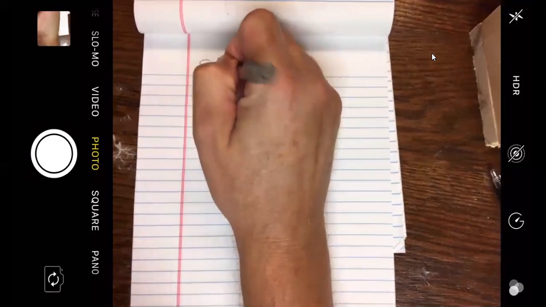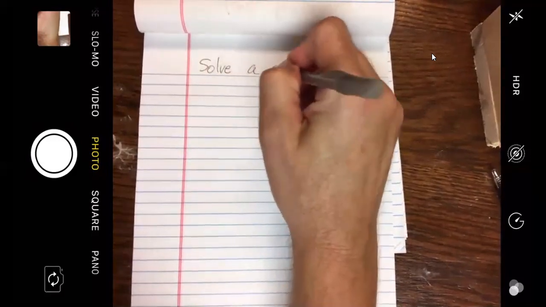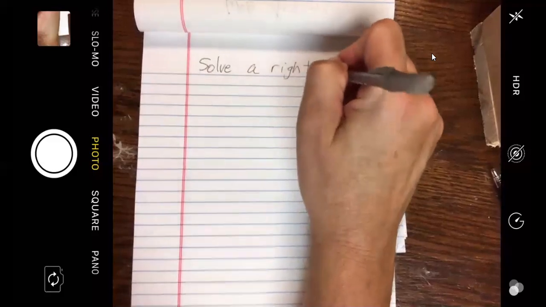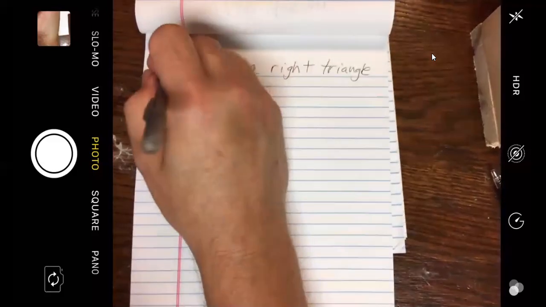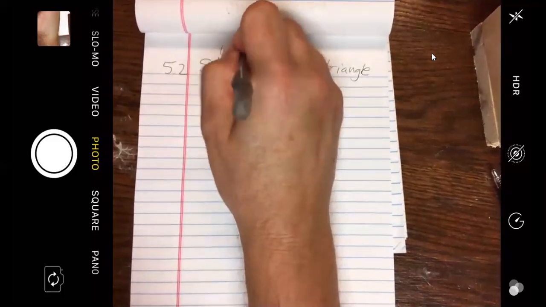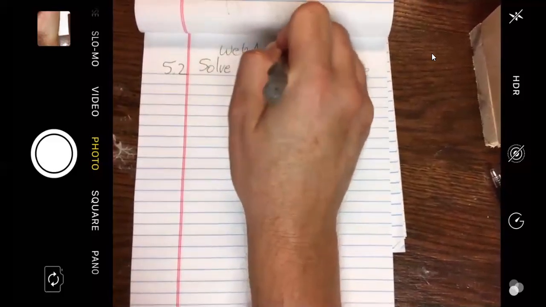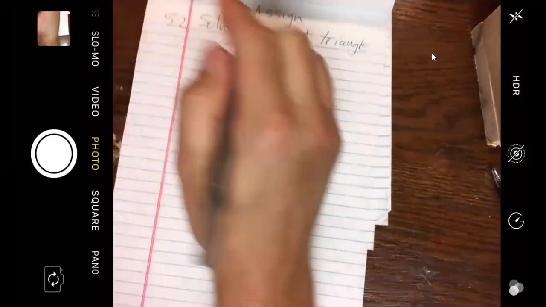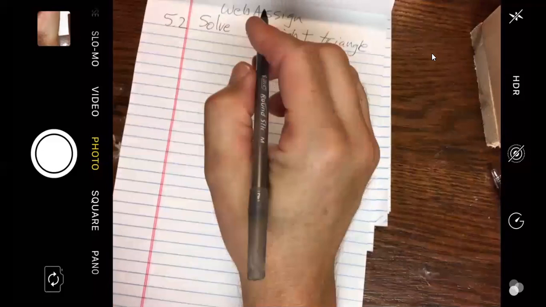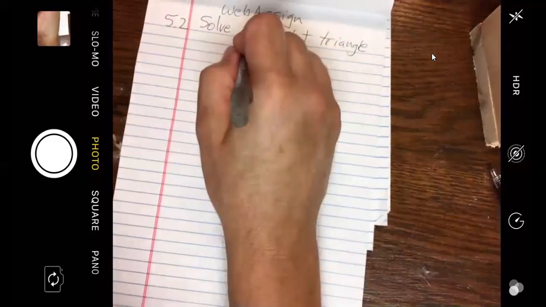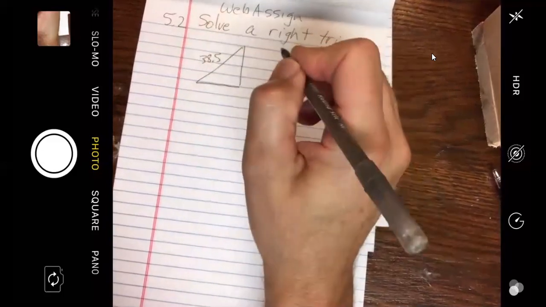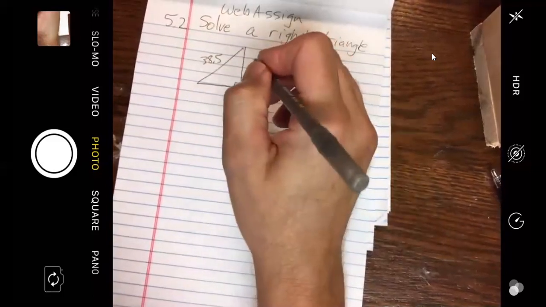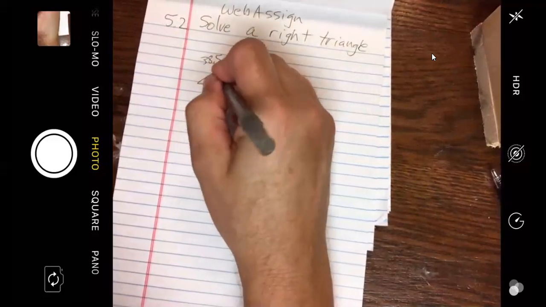It's still off WebAssign 5.2. And it says find the other acute angle for solving a triangle problem. What's it look like? The hypotenuse is 38.5, and the angle on the bottom left is pi over 8.